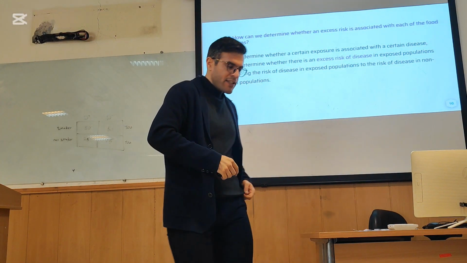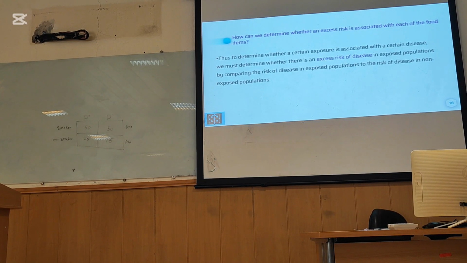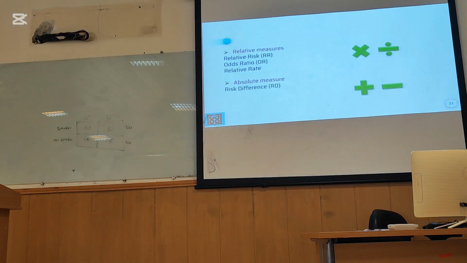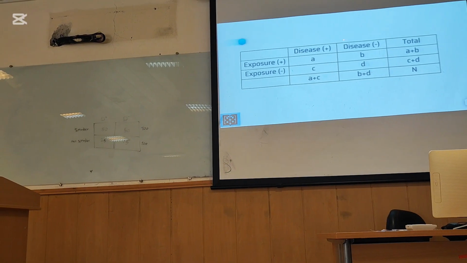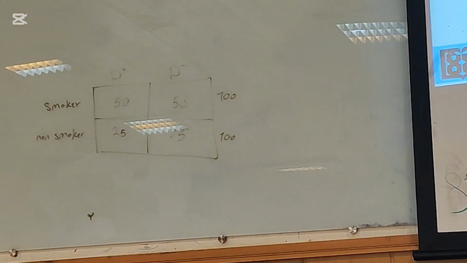This table is a very important tool in epidemiology, and it's called a 2x2 table or contingency table. Yes? And it helps us to distinguish between different studies.